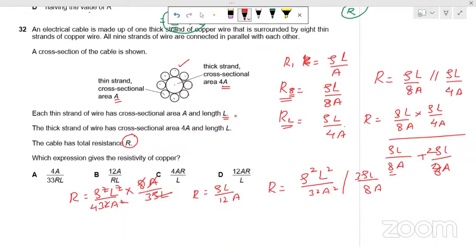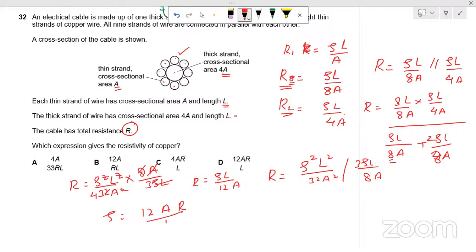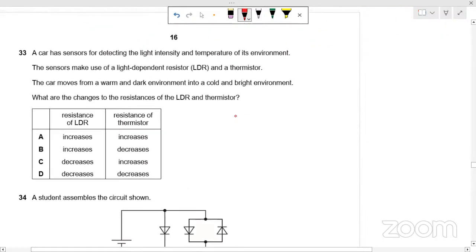We had to find the resistivity, that is 12AR over L. So D is the right answer. This is a very interesting question.